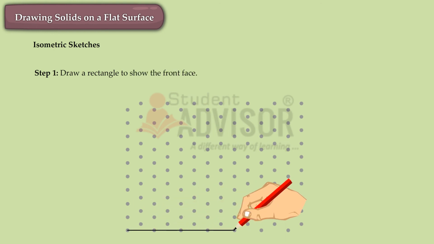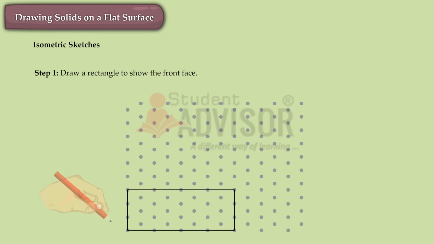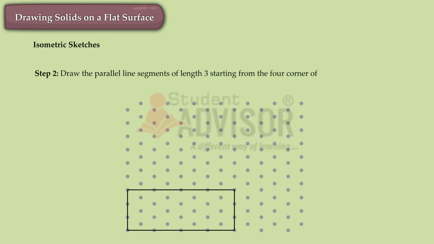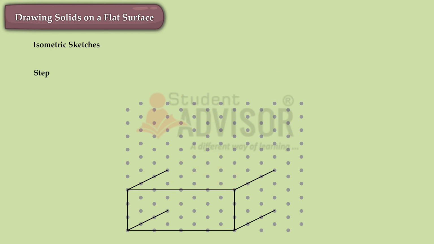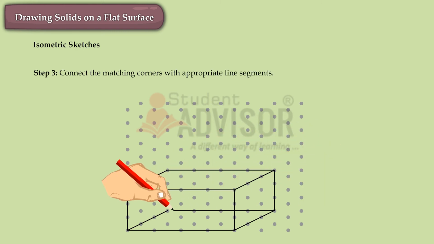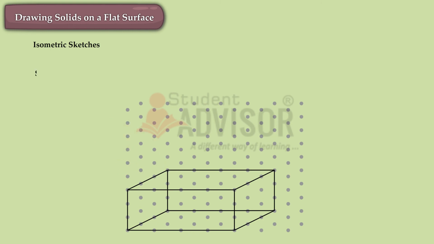Step 1. Draw a rectangle to show the front face. Step 2. Draw 4 parallel line segments of length 3 starting from the 4 corners of the rectangle. Step 3. Connect the matching corners with appropriate line segments. Step 4.